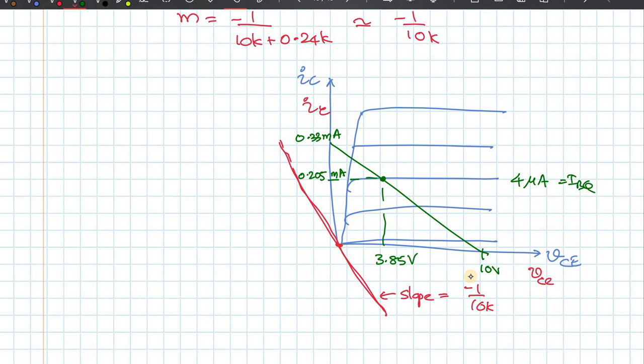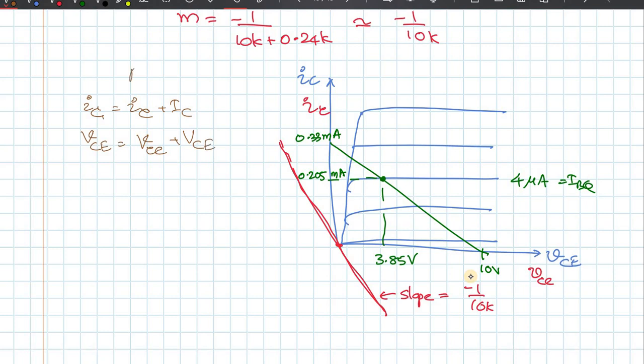Now, this is my purely AC load line, and the green color one is the purely DC load line. But what we have is a combination of AC and DC. So what we need is IC, small c plus capital C, whereas VCE is small VCE plus capital VCE.